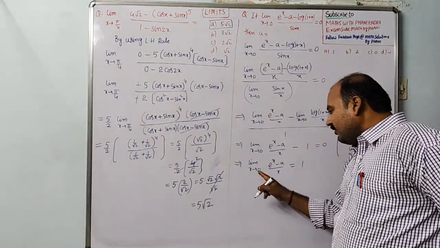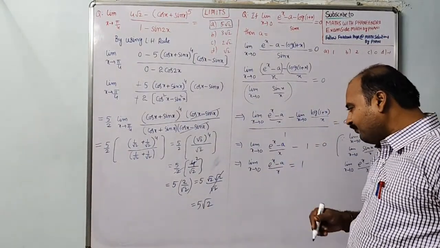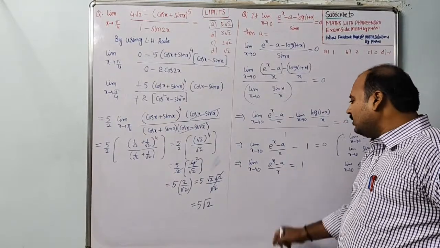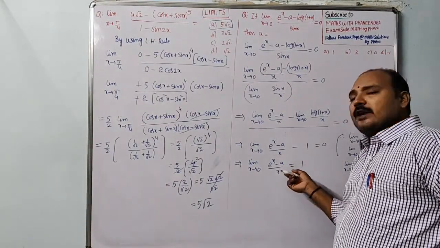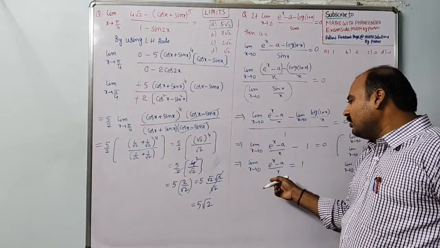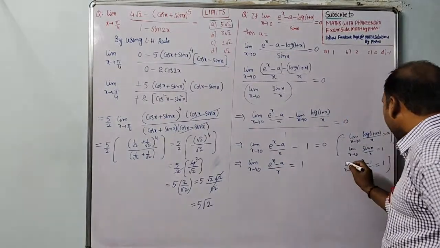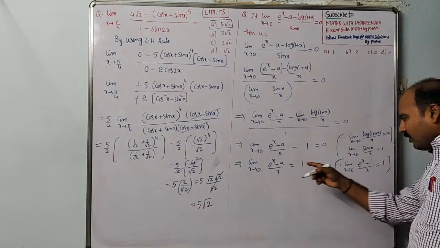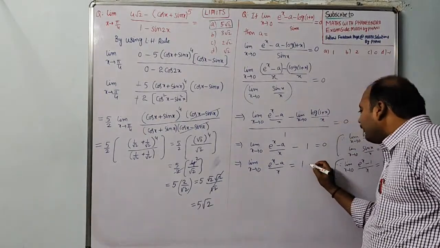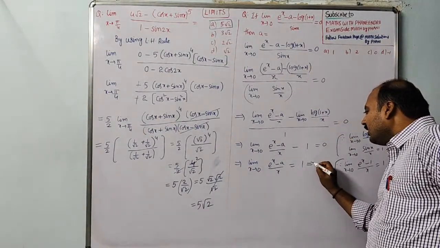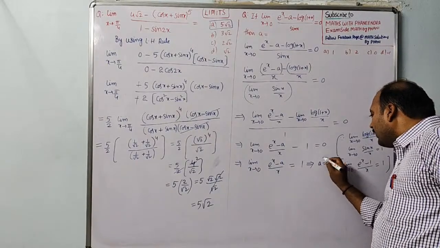After that, whenever x tends to 0, if you substitute here, by applying L'Hospital rule, you will get a value is 1. Otherwise, by applying this formula, it implies that a value should be equal to 1.